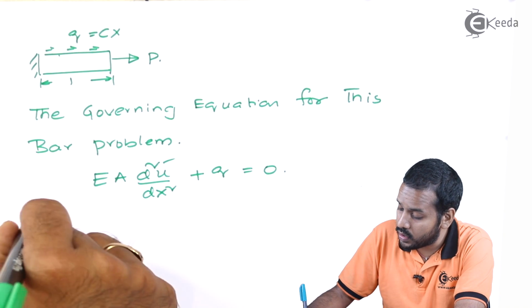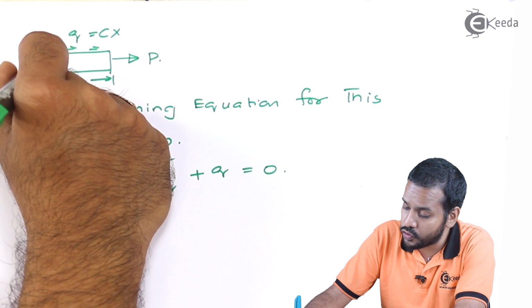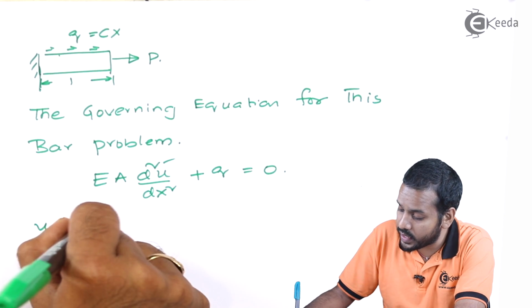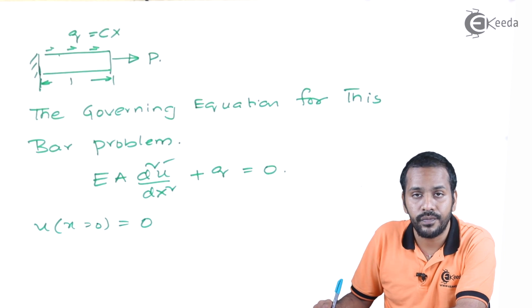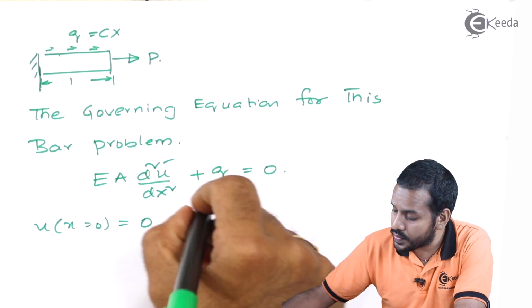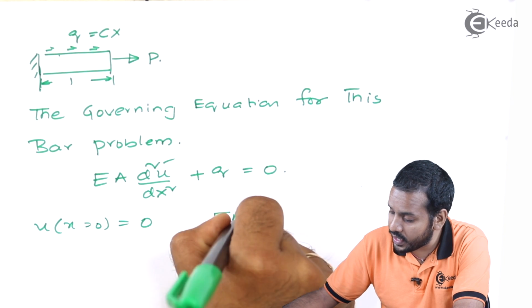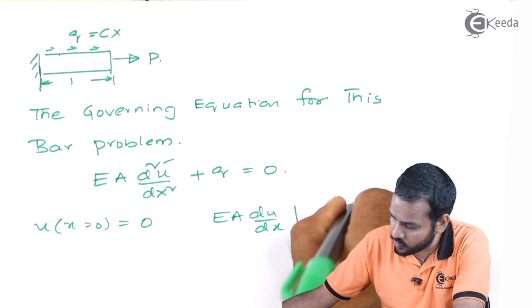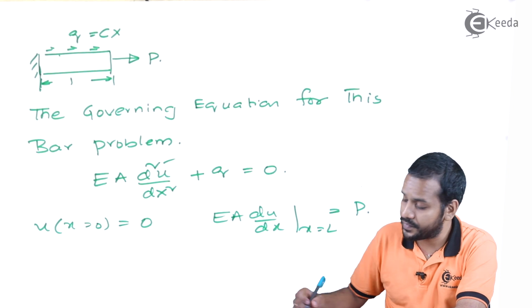What are they? If you assume the fixed end is the reference, u at x equal to 0 is 0. On the right hand side you have a point load, so this can be written as EA du by dx at x equal to L is P. Agree?